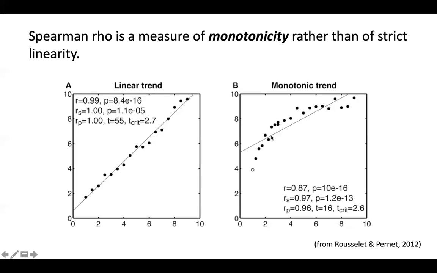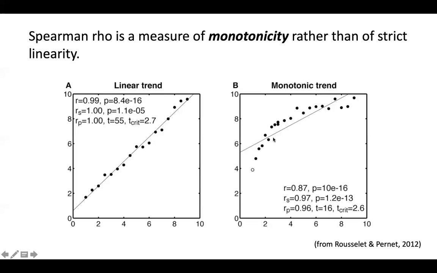If the relationship between weight and height showed this curvilinear pattern, it wouldn't matter for Spearman, because as long as the monotonic relationship is true, as long as the order of the data points is the same for weight and for height, Spearman will give you a perfect correlation coefficient.